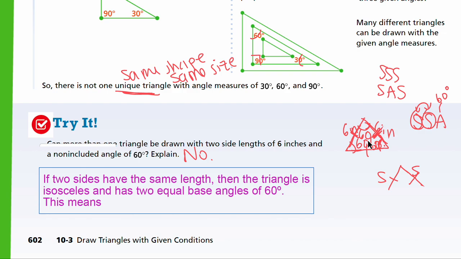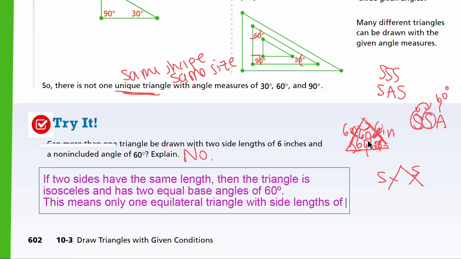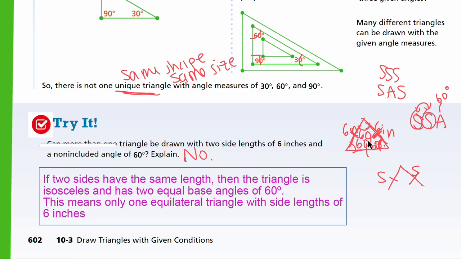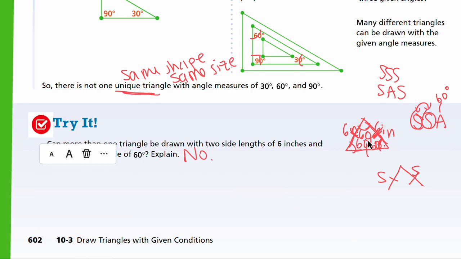This means only one equilateral triangle with side lengths of 6 inches can be drawn.